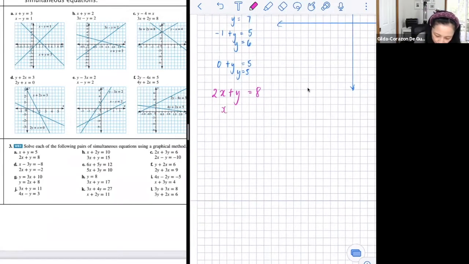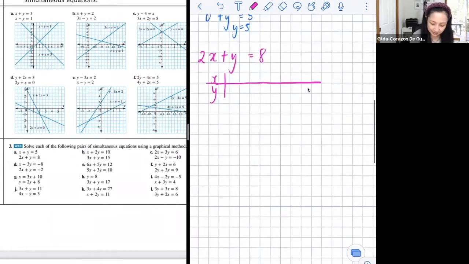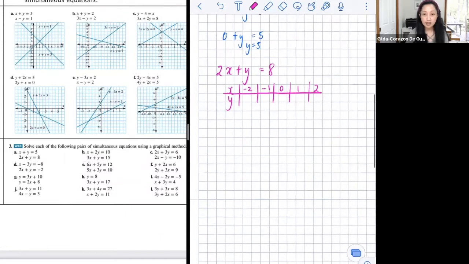Okay, so let's draw our table. This is -2, -1, 0, 1, and then 2. So we want to replace the value of x with -2. So you've got 2 times -2. Let me write that.